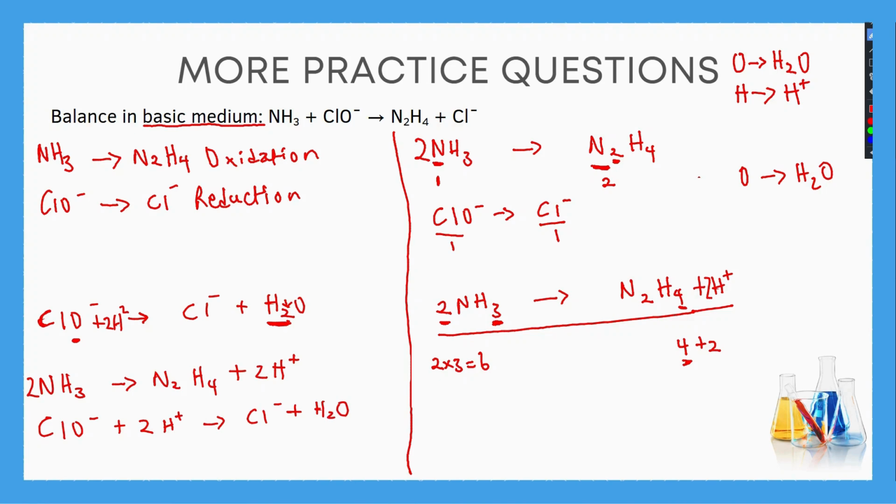I'm sure you've seen how this was done. Now, the next rule says after you have balanced all the other atoms with water and hydrogen ions, balance the charges using electrons. So let's see how to do that now.